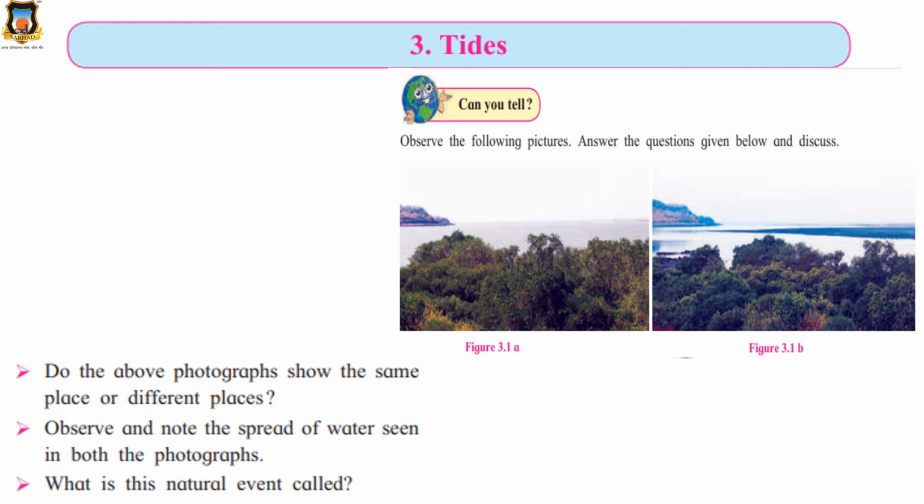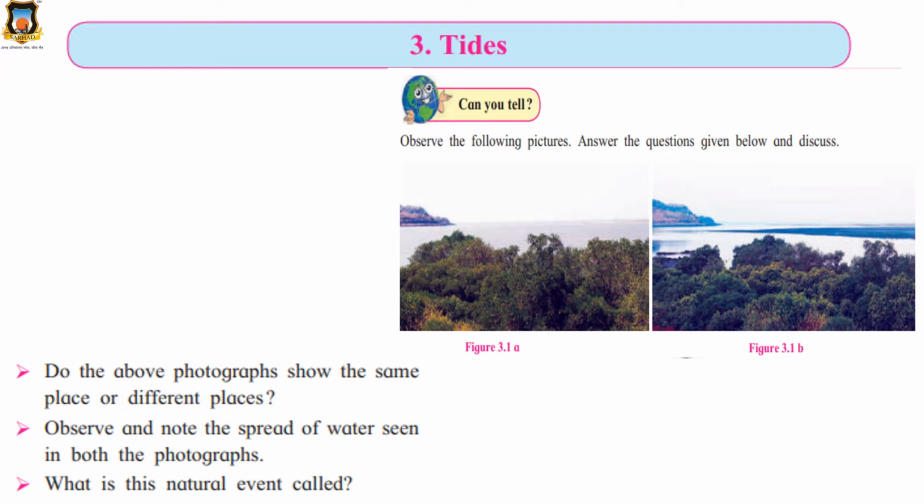How seasons occur, part 1. Our second lesson was the sun, the moon, and the earth. In that, we saw phases of the moon. Then we saw eclipses. How do eclipses occur?